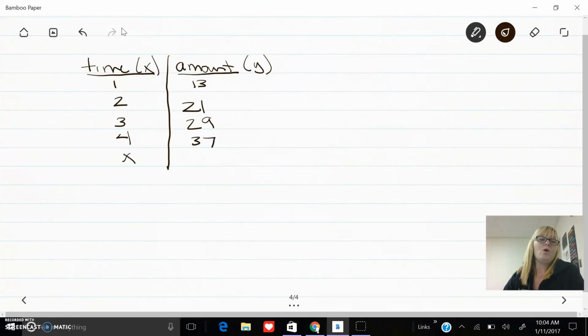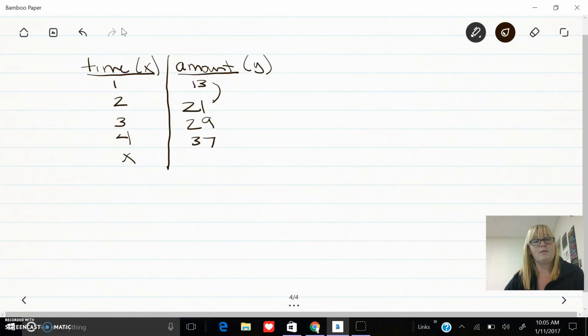Okay, so again, I can't seem to get from 1 to 13. I'm going up, so it's either multiplication or addition. So I can add 12, but that doesn't work for 2. So it's got to be multiplication. So now I got to look at this over here. So now I need to get from 13 to 21.